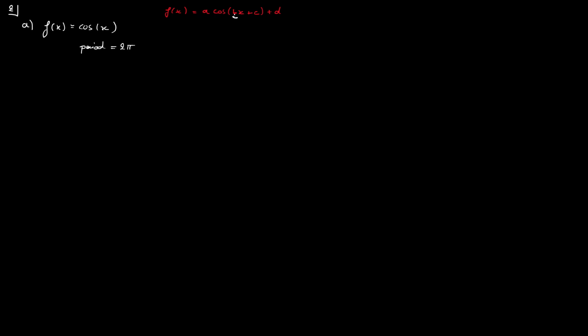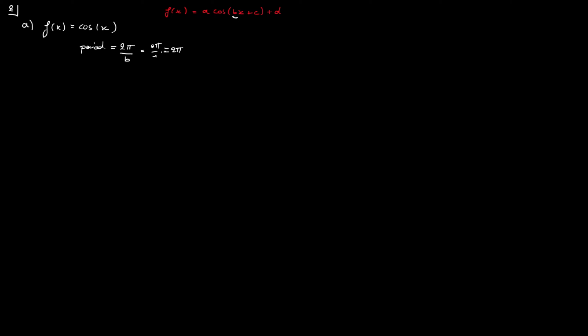So if b goes up, it means you go around your circle much faster. If b goes lower than 1, it means you go slower around your circle. The trick for cosine and also for sine is going to be 2 pi over that b value. Of course, in this case b is just 1, so it means 2 pi over 1. So your period is just equal to 2 pi.